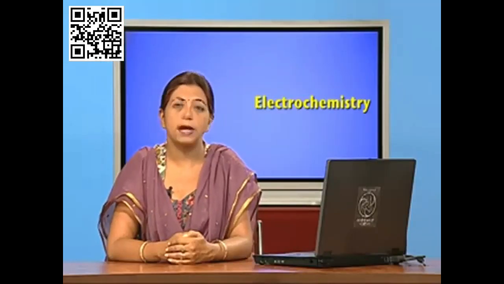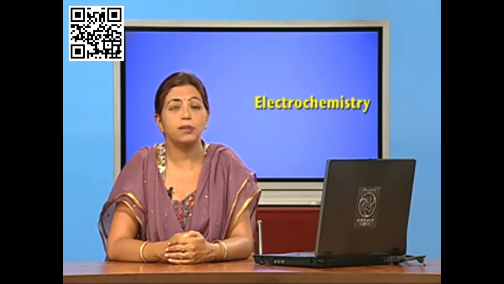And in the other half cell, when the copper ions accept the electrons and deposit as the copper metal atom, there is accumulation of sulfate ions which have negative charge around the copper electrode. The accumulation of the positive charge around the zinc electrode and of negative charge around the copper electrode stops the reaction. So, if we want our cell to work continuously, we have to use something else.